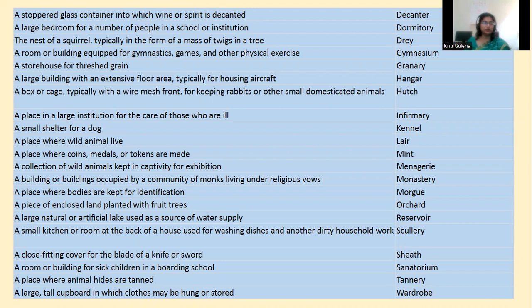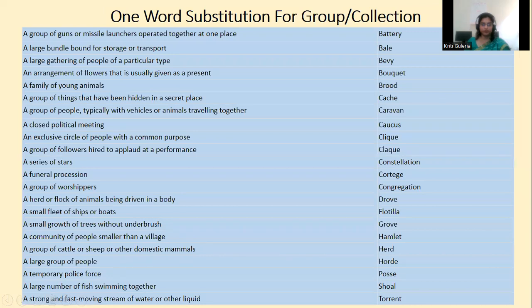A close-fitted cover for the blade of a knife or sword: sheath. A room or building for sick children in a boarding school: sanatorium. A place where animal hides are tanned: tannery. And a large tall cupboard in which clothes may be hung is wardrobe. So this is about places and spots.